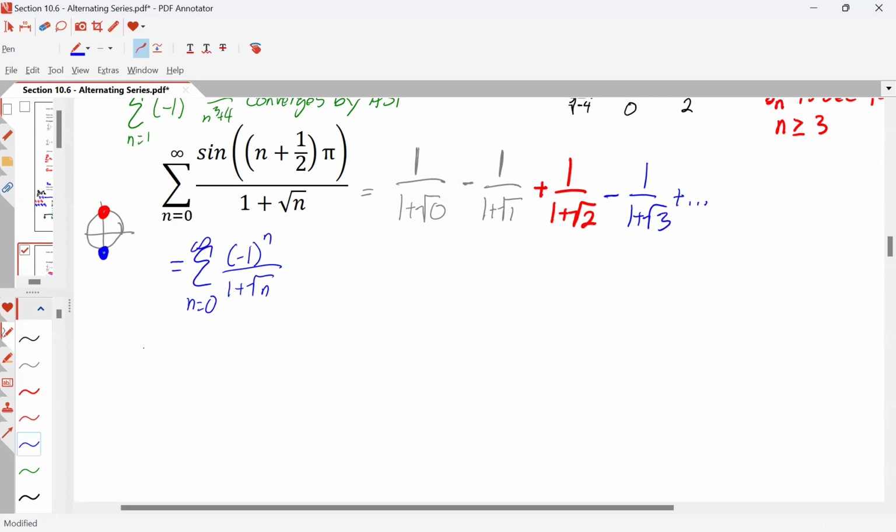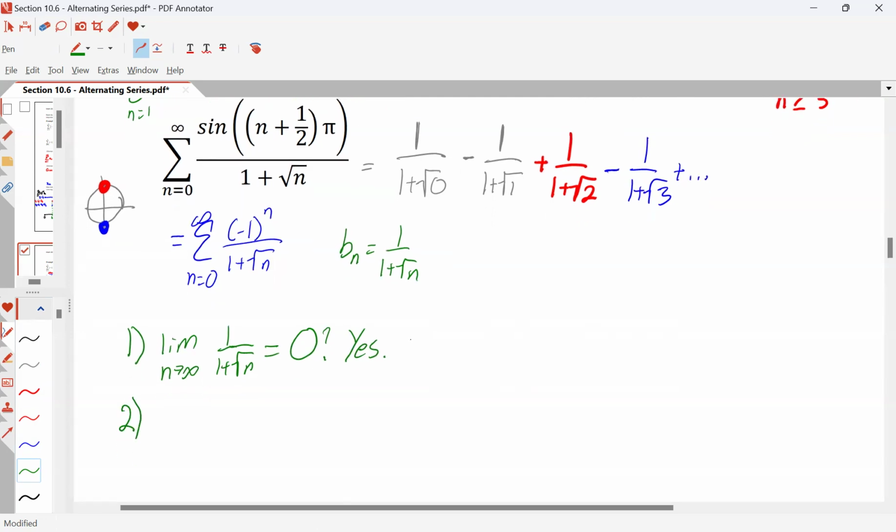So we do have an alternating series. Our sequence is 1 over 1 plus the square root of n. First, is that limit of 1 over 1 plus square root of n 0? Yes. The denominator is growing and it goes to infinity. So the whole fraction goes to 0.